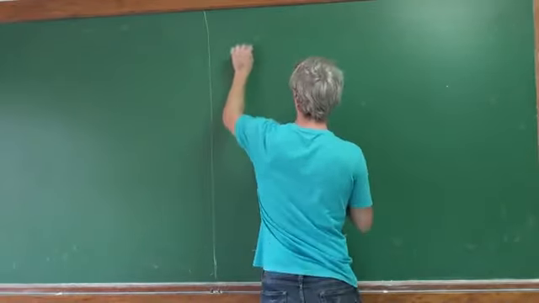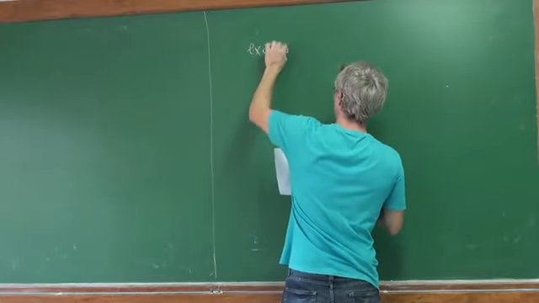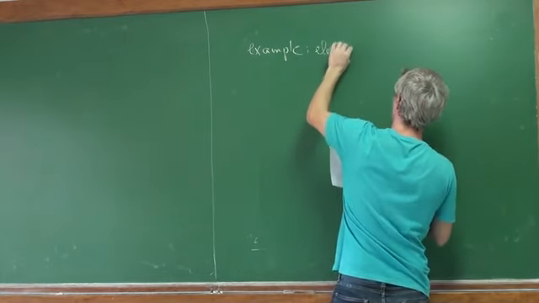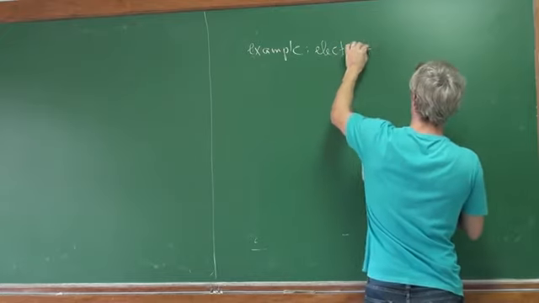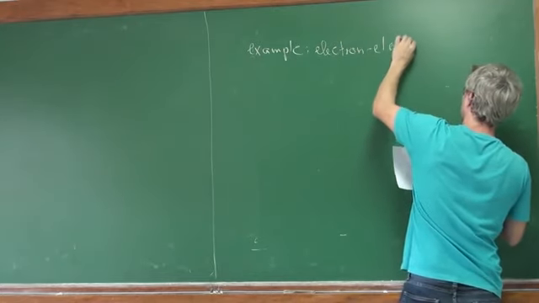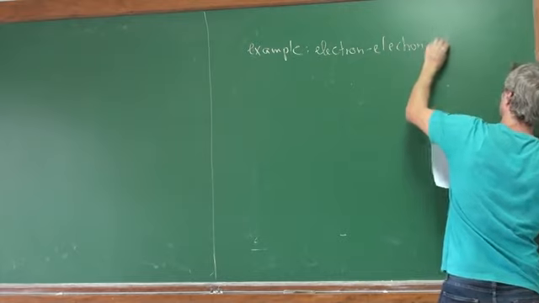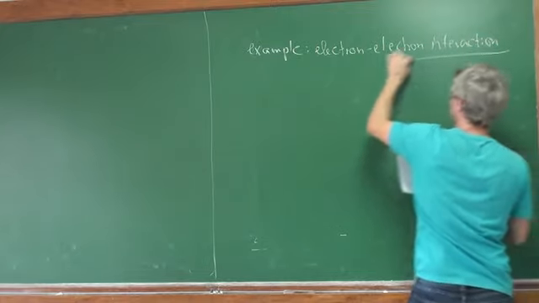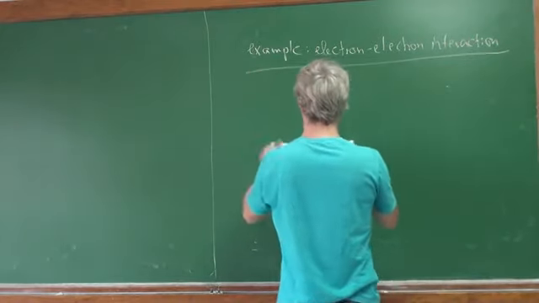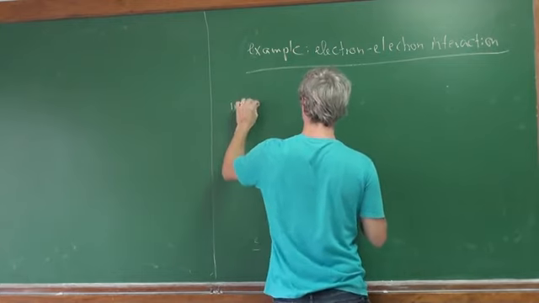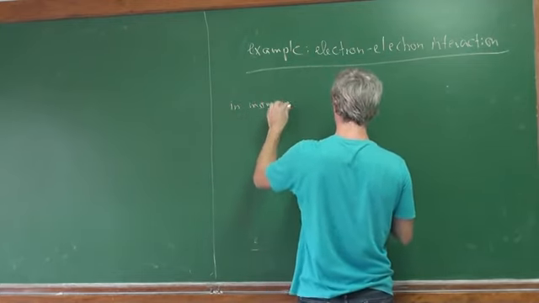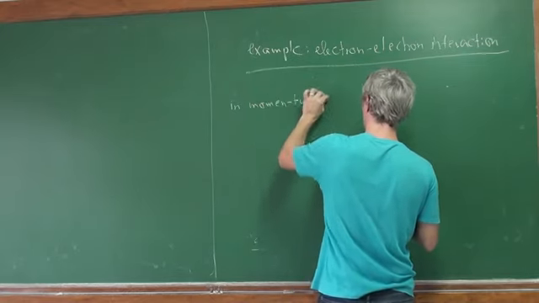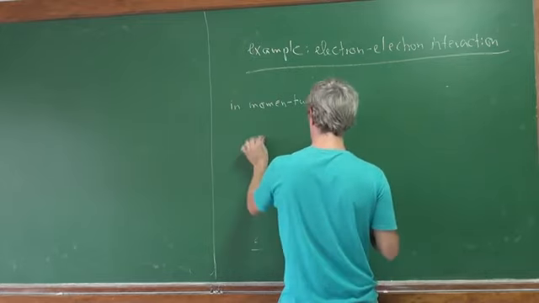So let's go back to the example of electron interactions. Just once more, write down the interaction term in momentum space. S int.